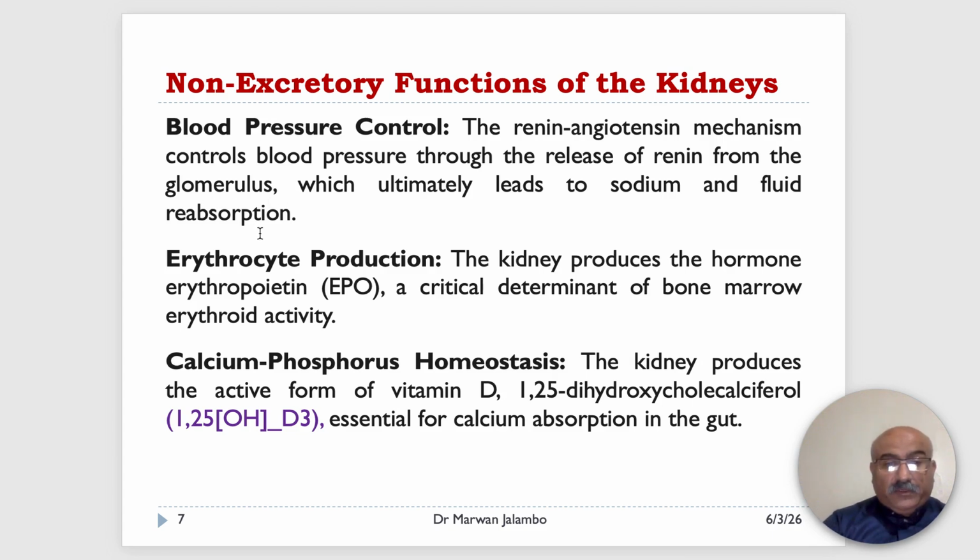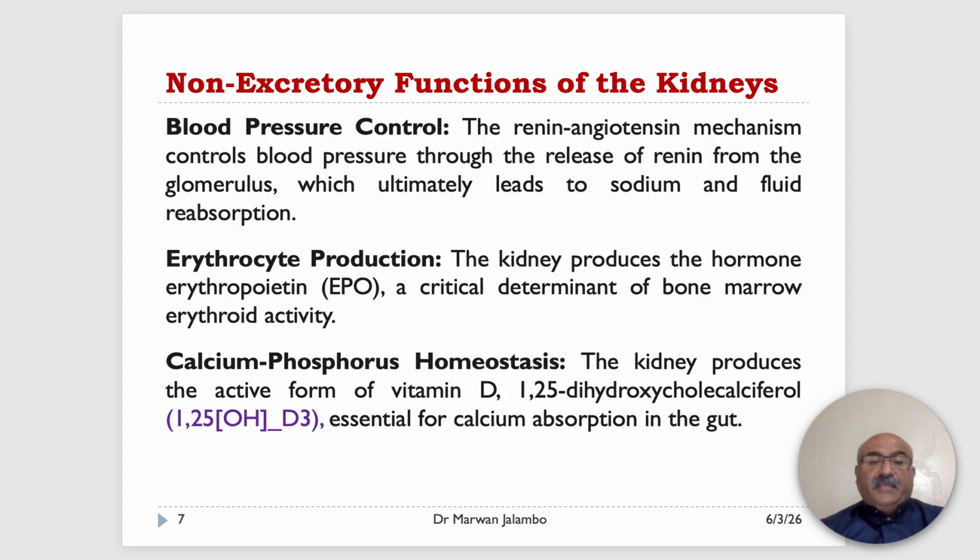It also produces erythropoietin, or EPO, the hormone which tells the bone marrow to produce red blood cells, the RBCs.